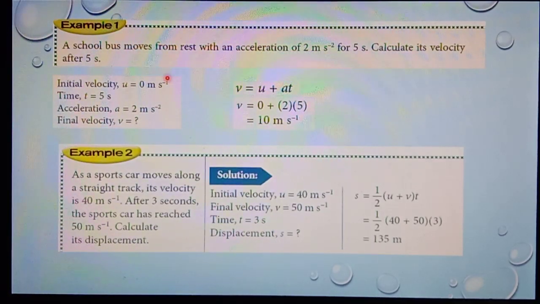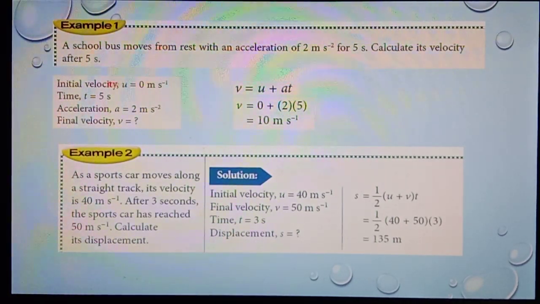For example, the first one: a school bus moved from rest with an acceleration of 2 meters per second squared for 5 seconds. Calculate its velocity after 5 seconds. Starting from rest means starting from velocity equals 0, meaning initial velocity u equals 0.